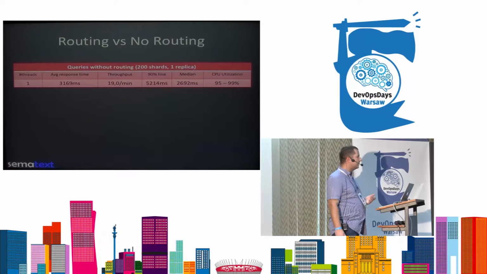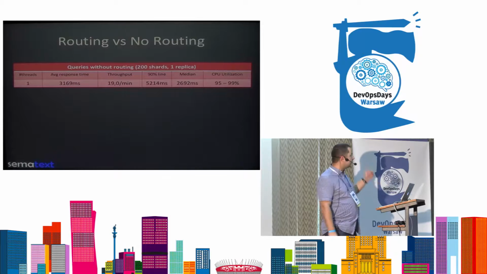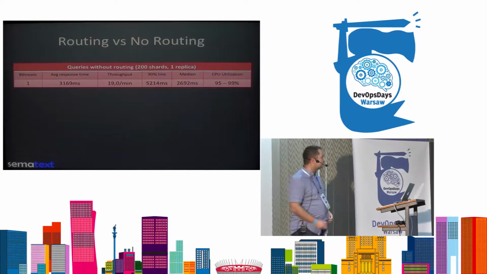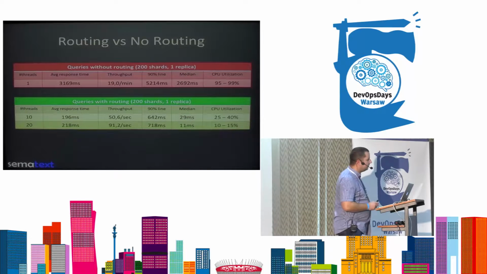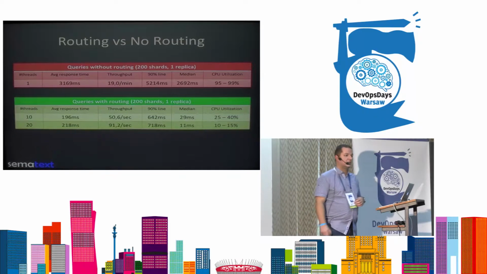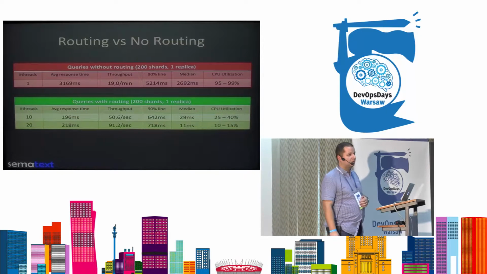That's very, very high. Each query to the 90% line of the queries was about 5 seconds. It's a lot. And when we changed the architecture to use routing for that particular case, you can see that the number of queries per second for 20 threads using JMeter was about 91, a bit more, with the 90% line less than 1 second. So the difference is noticeable.